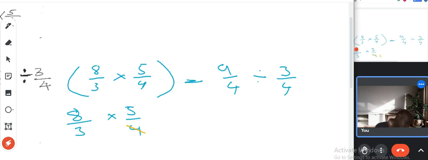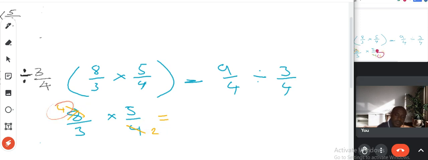Go ahead. Are you done crossing out? Are you sure? Look at these numbers. You have to simplify fully. Good.